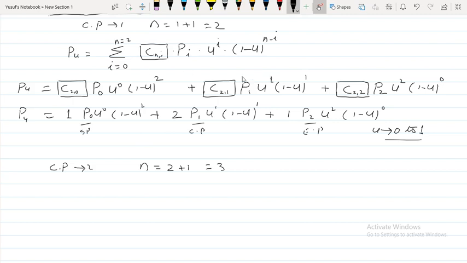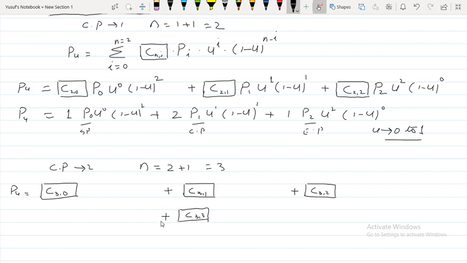The same equation we can write here, P of u. So first time I will take constant C 3 comma 0, then plus C 3 comma 1, plus C 3 comma 2, then plus C 3 comma 3.